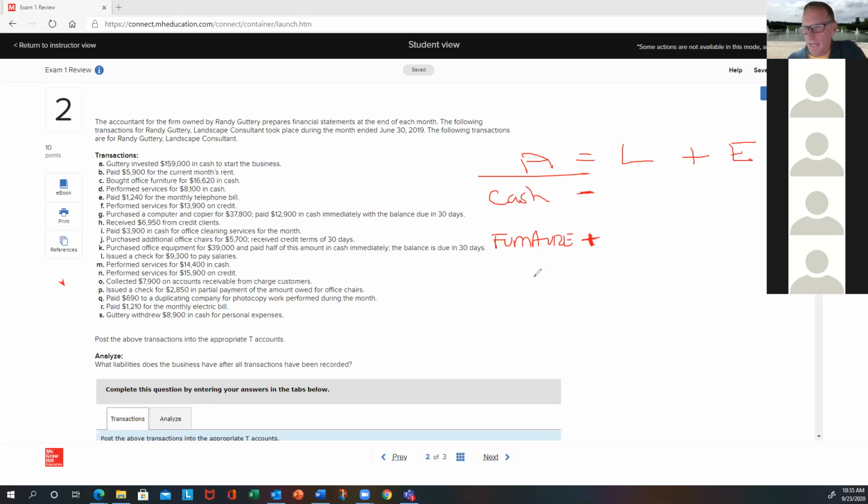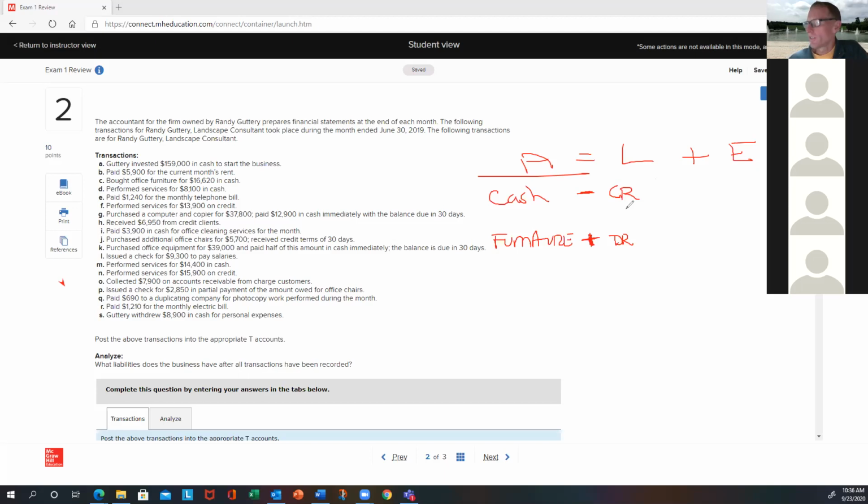Then just go to the debit and credit rule. These are both assets. How do you increase an asset? With a debit. How do you decrease an asset? With a credit. That should be your strategy for each of these if you're struggling to interpret them.